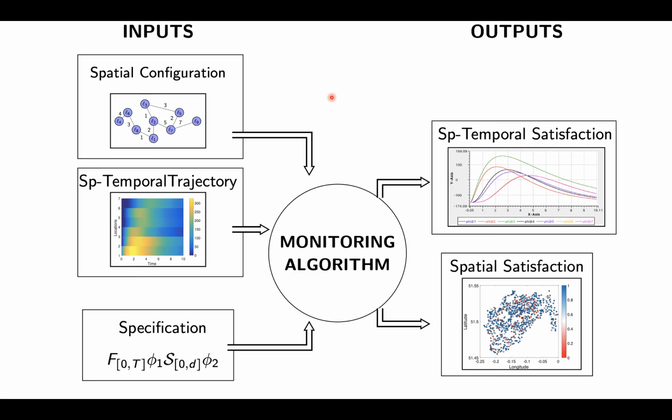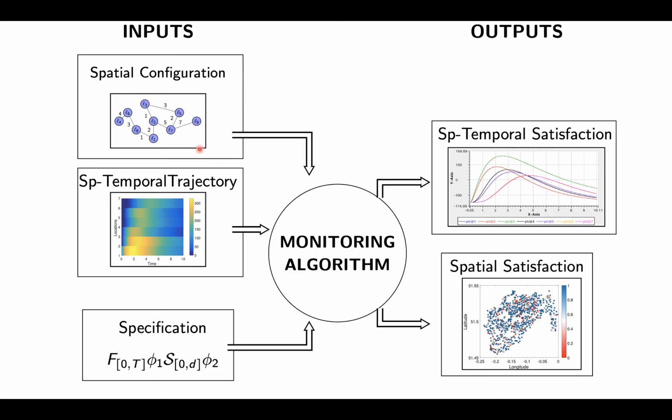What we will see with our spatio-temporal logic is that we have to add some spatial operators to the logic, and furthermore, instead of having just a temporal trajectory that is a set of temporal signals, we will have a spatio-temporal trajectory. So we also have to add the space, and we have to see how to shape this space, so we have to define what the spatial configuration is.